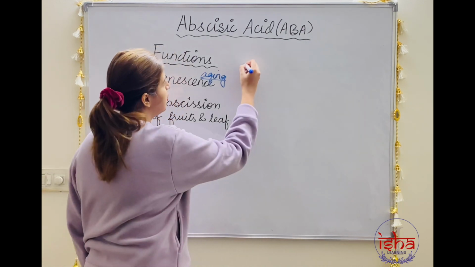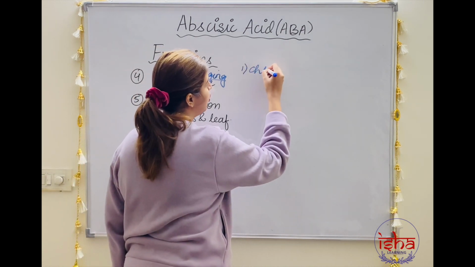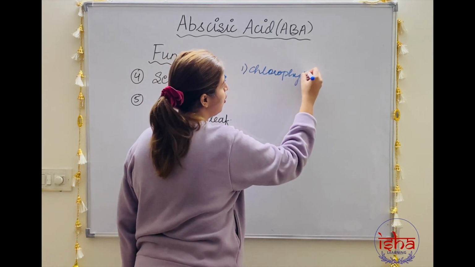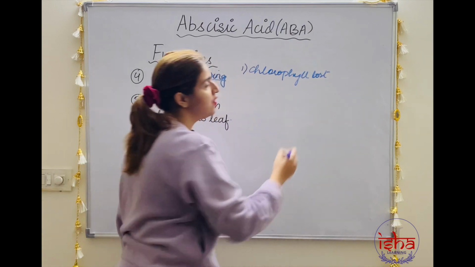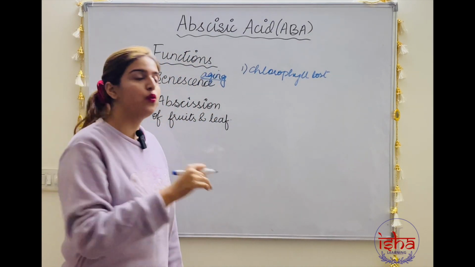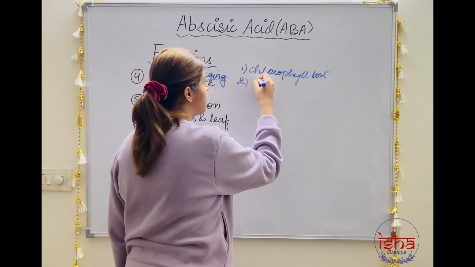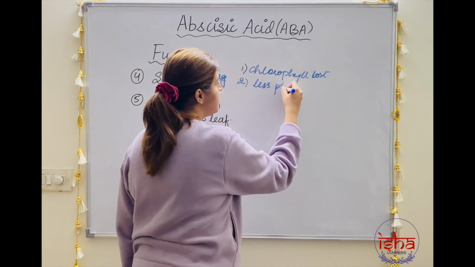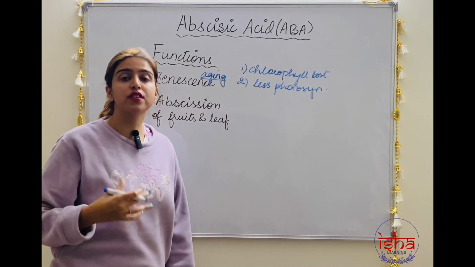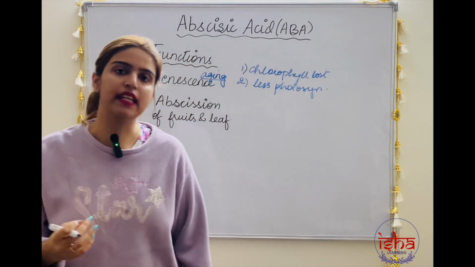Now if the leaf has to age, what is going to happen? Number one, the chlorophyll is going to be lost. Now, if there is a breakdown of chlorophyll, there is going to be less photosynthesis. Now, if there is less photosynthesis, less food is going to be available to the leaf.